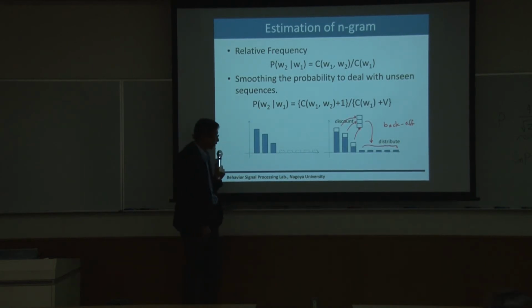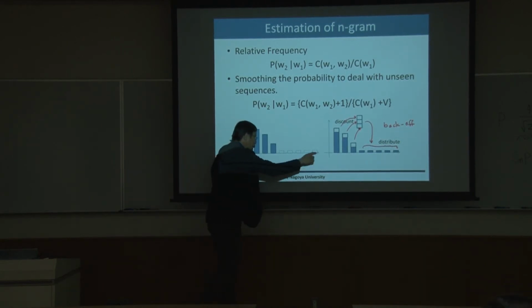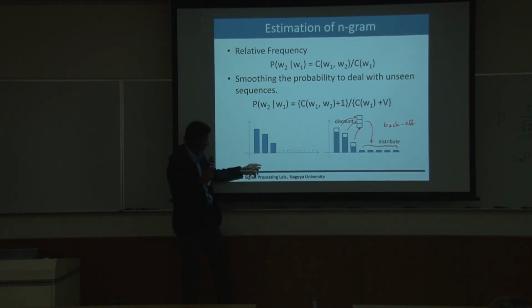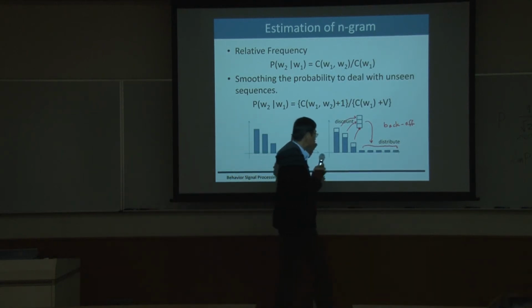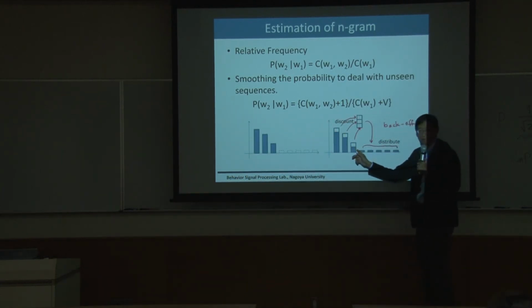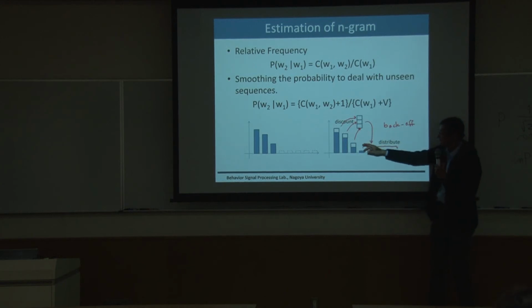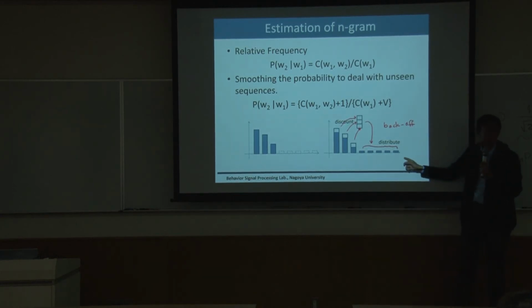But if you know that there are 1, 2, 3, 4, 5, 6, 7, 8 symbols, and only 3 symbols have been observed in your corpus, then you discount these 80, 70, 50 by a small amount, like 5 or 3, and then distribute those discounted counts to the unseen data.